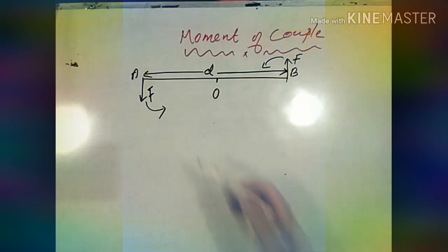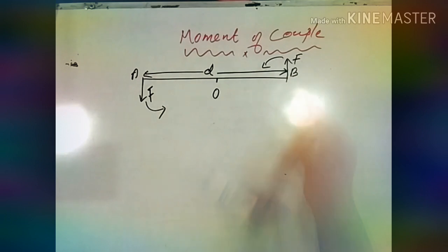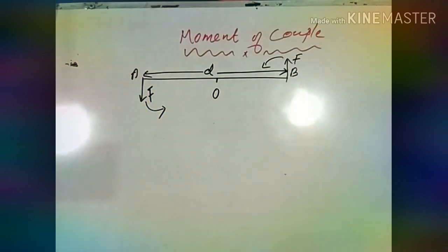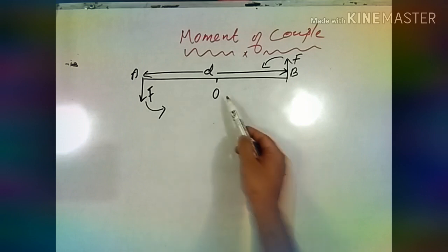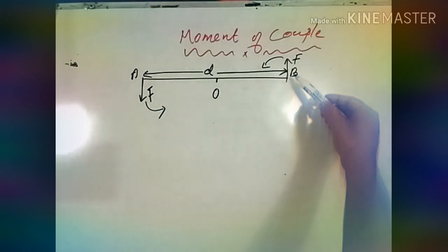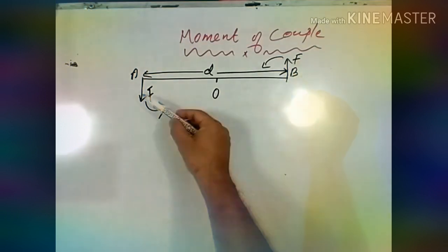Now let's study what is the moment of a couple. To study the moment of a couple, let us consider AB, a bar which is pivoted at the center O as shown in the figure. At the ends A and B two equal and opposite forces F are acting.